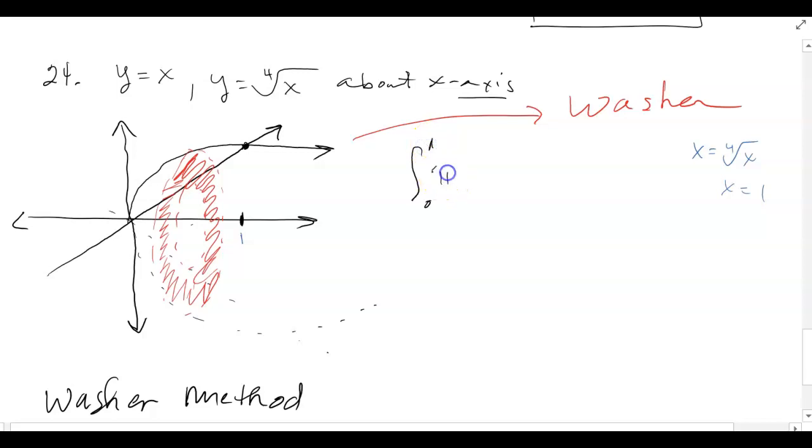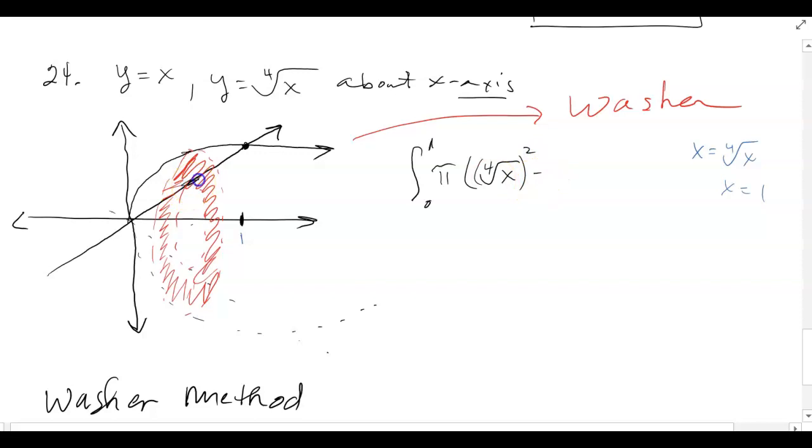Right, so we have our pi. Our outer circle is the function y equals the 4th root of x, but we have to square it. So we have the 4th root of x squared.